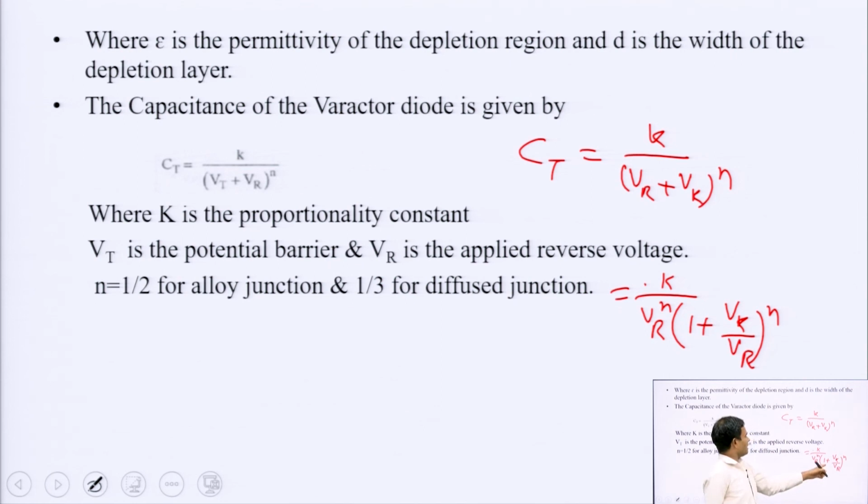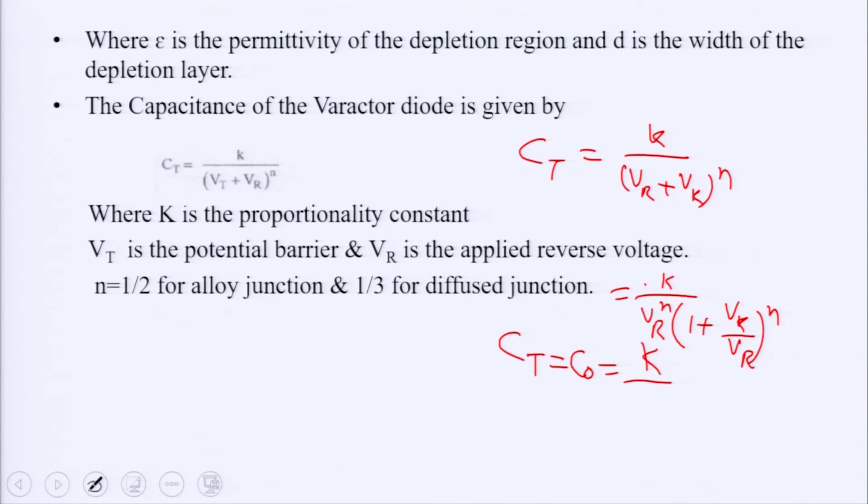At reverse voltage equal to 0, the Ct is equal to C naught, and C naught is equal to K upon Vk raised to the power n.